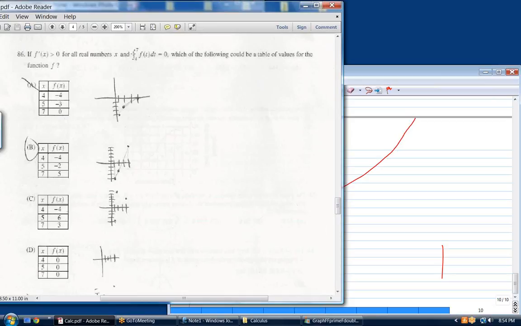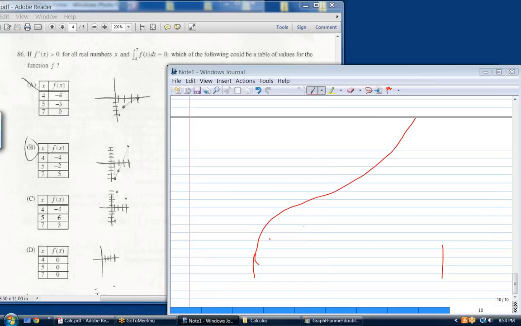And the integral of the original function is equal to 0 between 4 and 7. Which of the following could be a table of values for the function f?